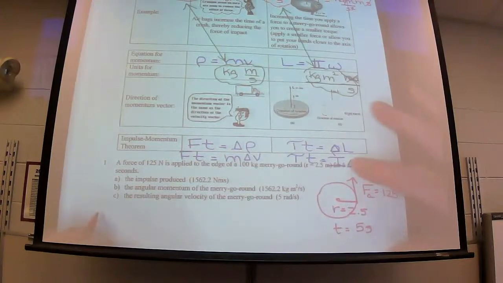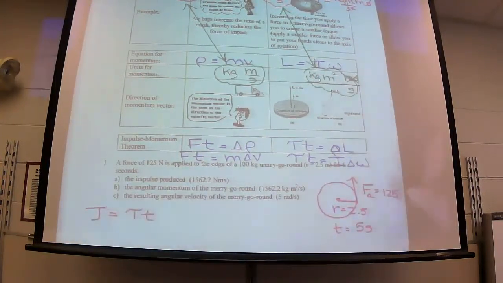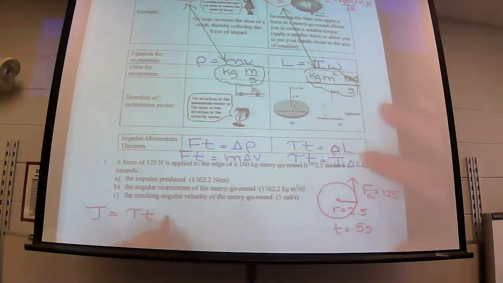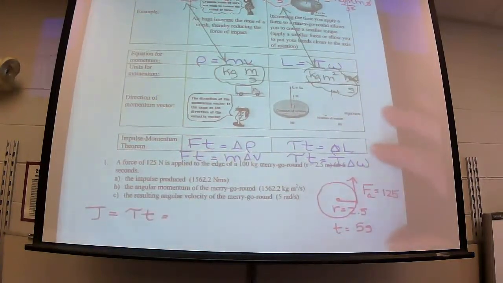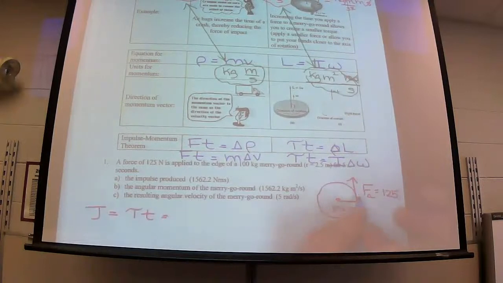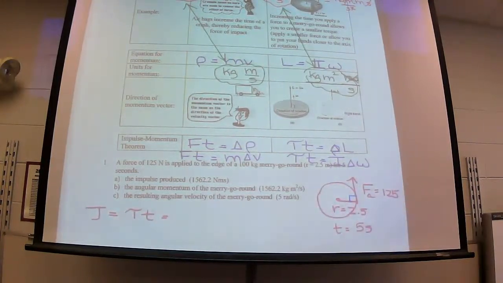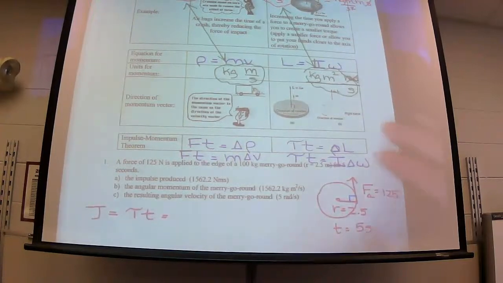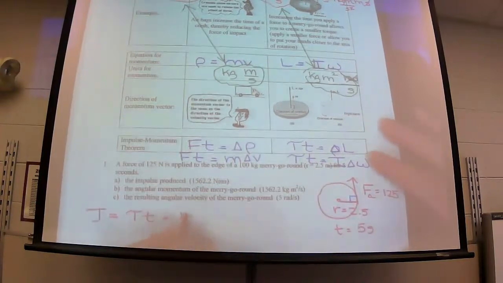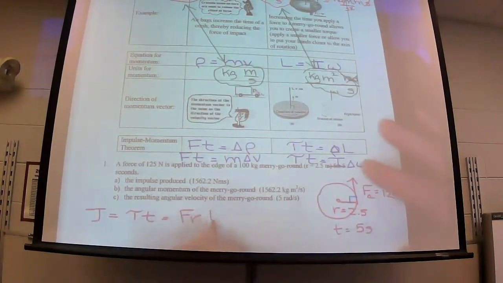Impulse is J, and that's torque times time. And the torque that I applied, when you apply a torque, the F has to be perpendicular to the r. Well, with what I did, that makes it nice and easy because it is perpendicular. So F r times the time.